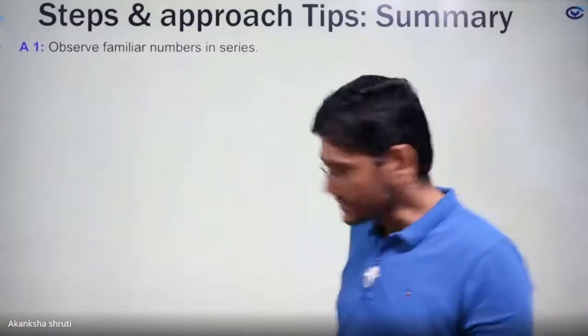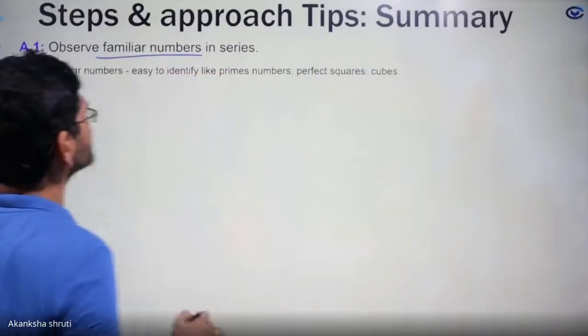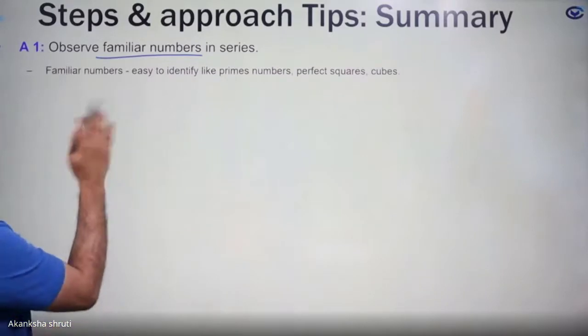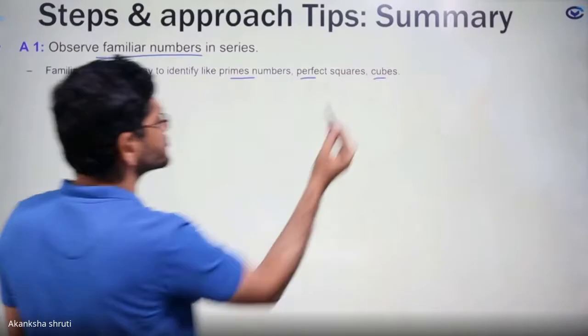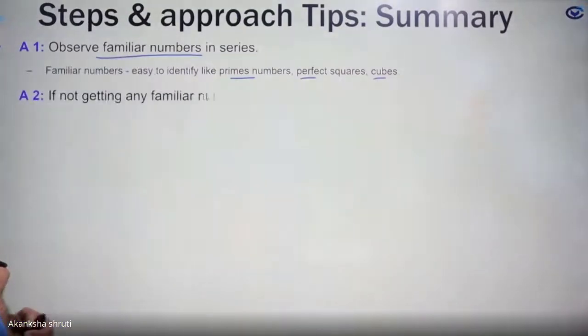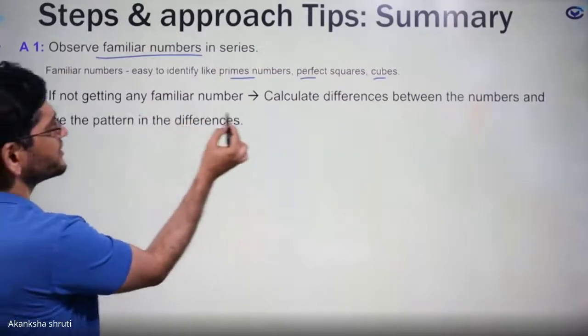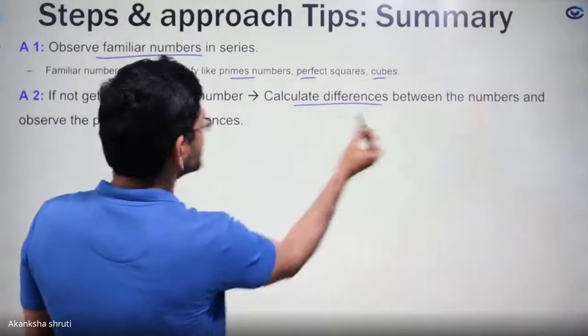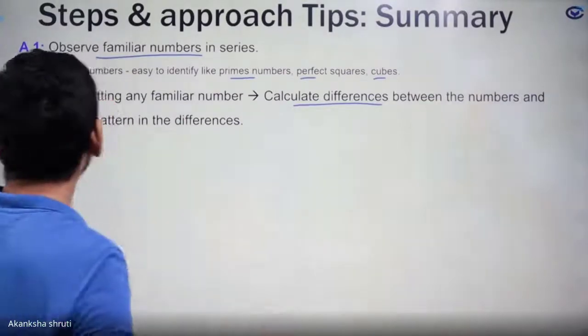The same thing is summarized here. First, observe the familiar numbers of the series. Try to match them with perfect primes, perfect squares, cubes, so many kinds of things. Next, if not getting these familiar numbers, then calculate the difference. We will observe whether this difference follows some pattern or is constant.